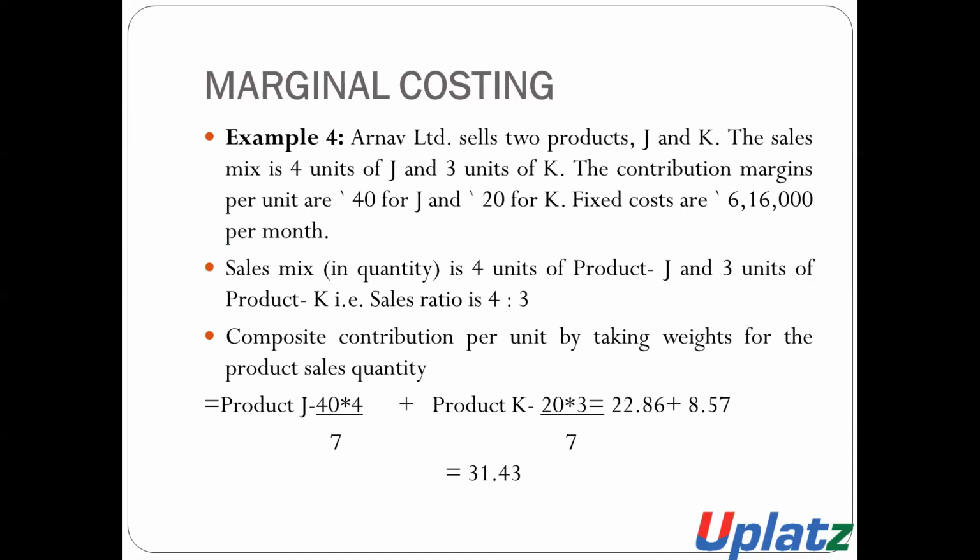Composite contribution per unit, taking weights for the product sale quantity, is: product J, 40 rupees into 4 divided by 7, plus product K, 20 rupees into 3 divided by 7, since 4 plus 3 is 7.